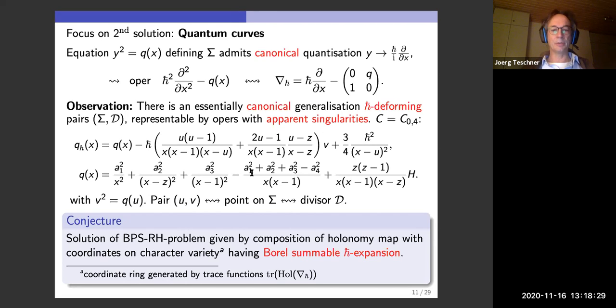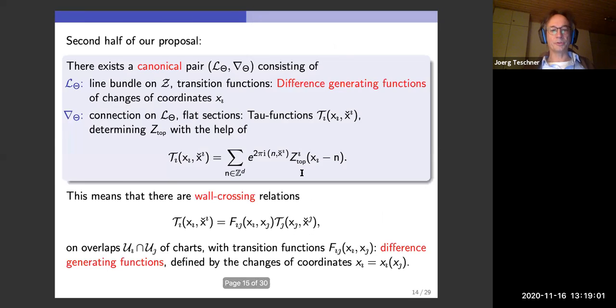This comes by allowing certain types of extra singularities, which, however, in the end of the day are pretty canonically determined by what we started from, or more precisely by sigma, which is determined by Q, and then a divisor, which is by the Abel map related to a point on these torus fibers. The divisor basically determines where the singularities sit, and then the rest, residue, and so on, is just automatic.